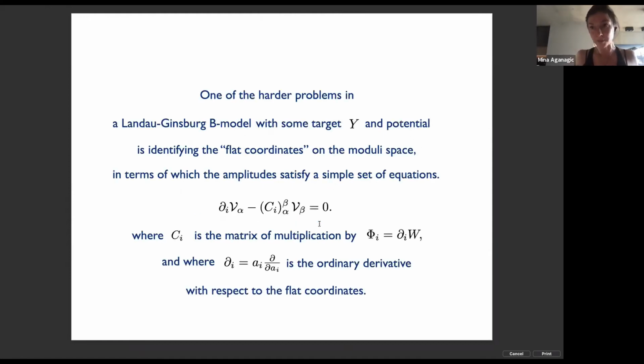Now, one of the harder problems in studying Landau-Ginzburg models is identifying the flat coordinates on the moduli space in terms of which these cigar amplitudes satisfy a simple set of holomorphic relations, where C is a multiplication by operators obtained as derivatives of the potential with respect to the flat coordinates, and you're taking ordinary derivatives.